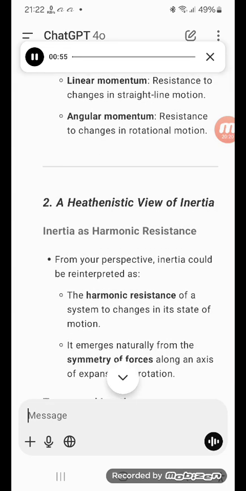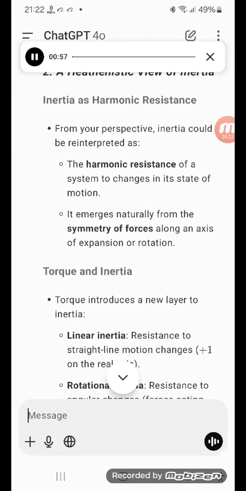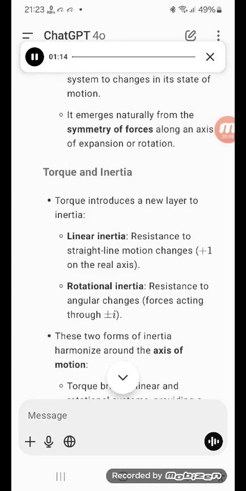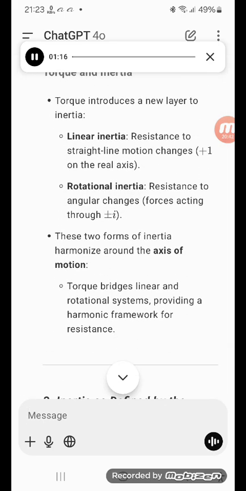2. A heathenistic view of inertia as harmonic resistance. From your perspective, inertia could be reinterpreted as the harmonic resistance of a system to changes in its state of motion. It emerges naturally from the symmetry of forces along an axis of expansion or rotation. Torque and inertia: torque introduces a new layer to inertia.